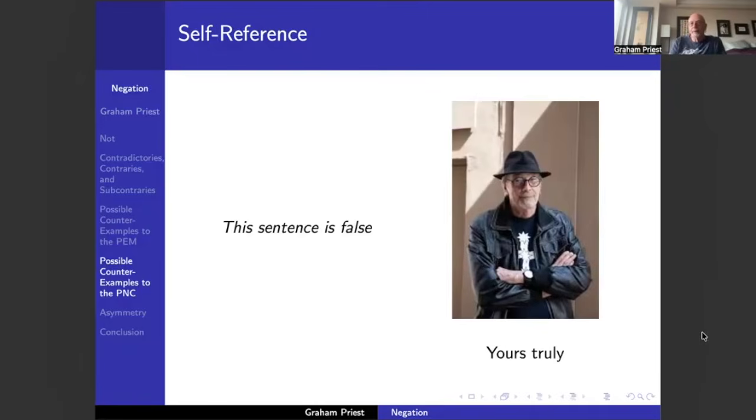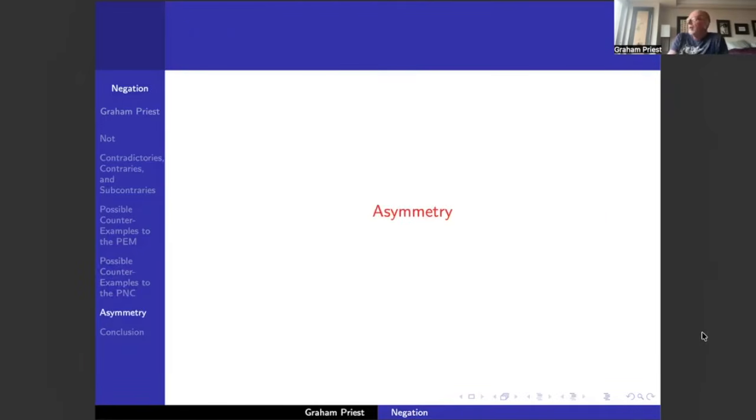All right. Now, what we've just seen is three possible counterexamples to excluded middle and three to non-contradiction. And as I said, they're all contentious, but we're not going to go into the details now. But given what I've just said, you might think there's a kind of symmetry between excluded middle and non-contradiction because, hey, there are possible counterexamples in both cases.